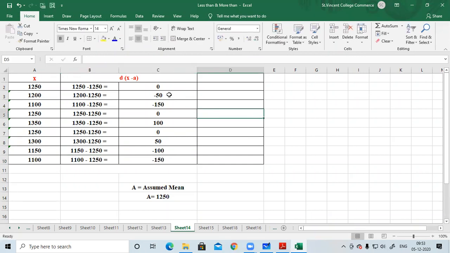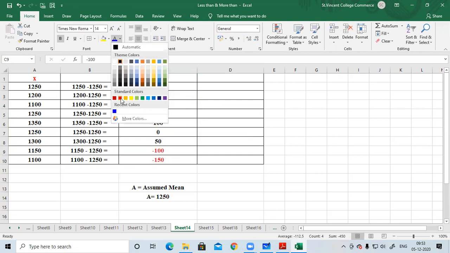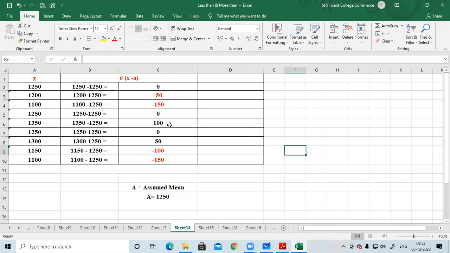Did you realize one thing? We have a lot of negatives here. No problem. And we have two positives, correct? So what you should do is first find the total of your positives. Your positives come to 150, whereas your negatives will be 200, 300, 450.